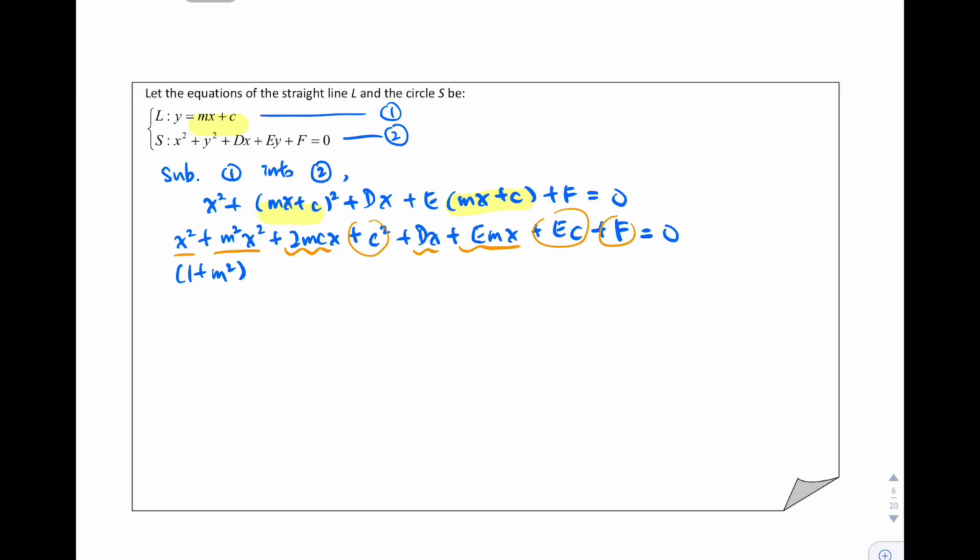We have (1 plus m squared) x squared, and then plus (2mc plus d plus em) x, and plus the constant term c squared plus ec plus f equals 0.